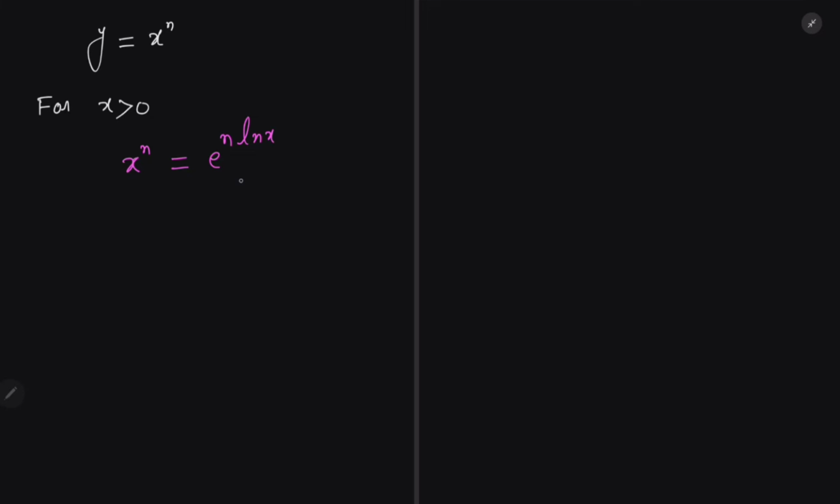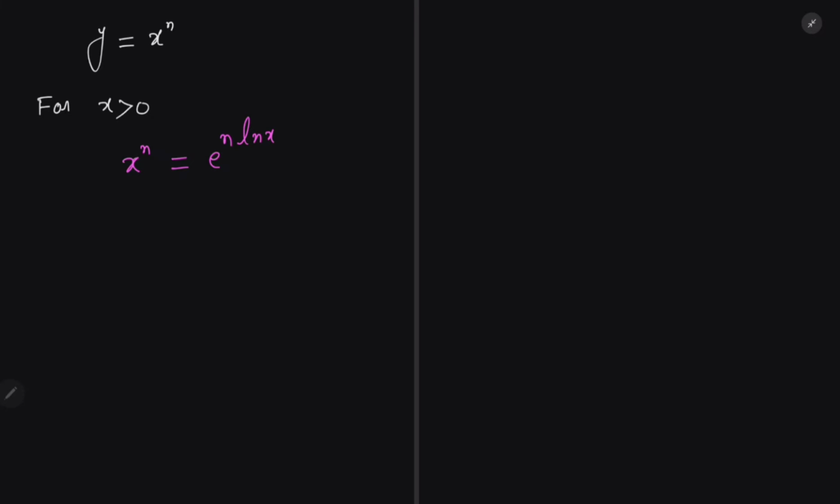Simply, you can write the right-hand side as e raised to power natural log of x, raised to power n. So e and natural log cancel out, we get x raised to power n. So this is a very important result where we have natural log of x and exponential which are inverses of each other. When they are inverses, we can get many other definitions coming along with it.